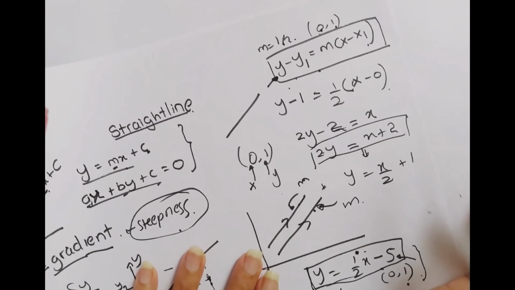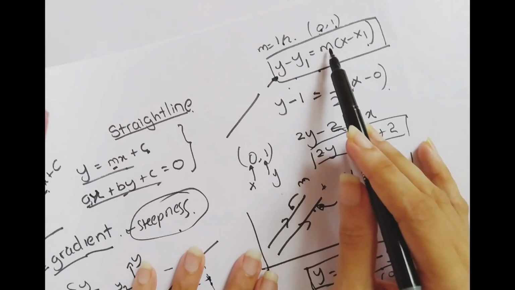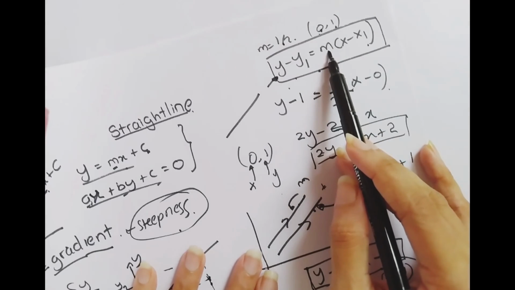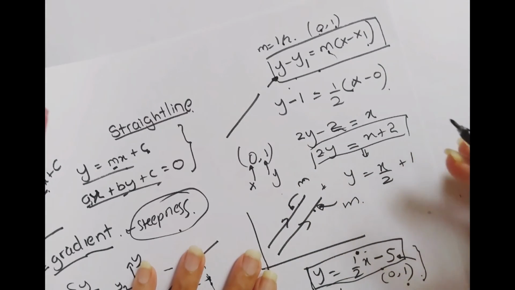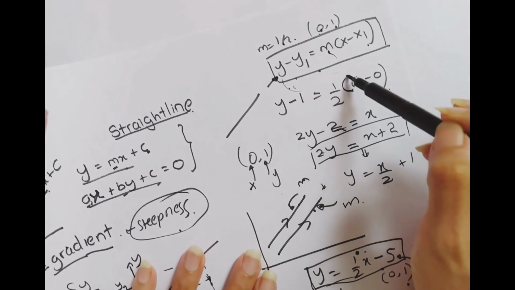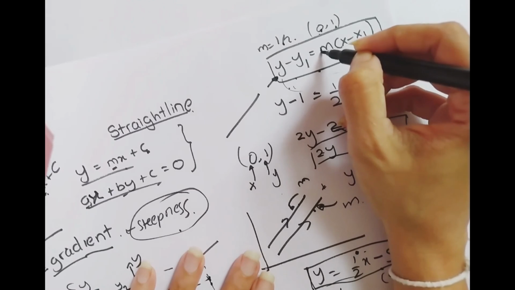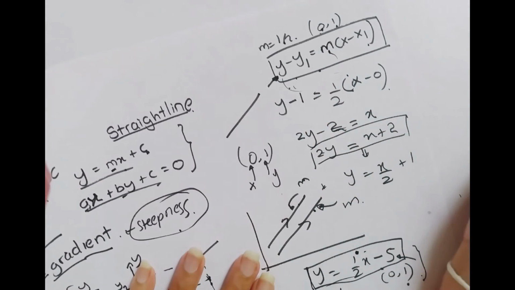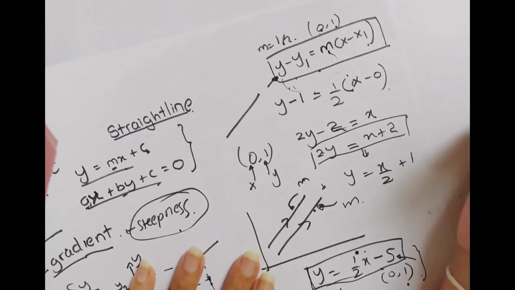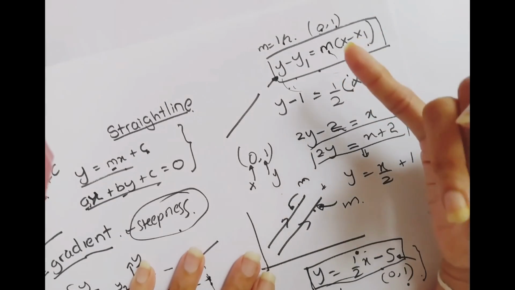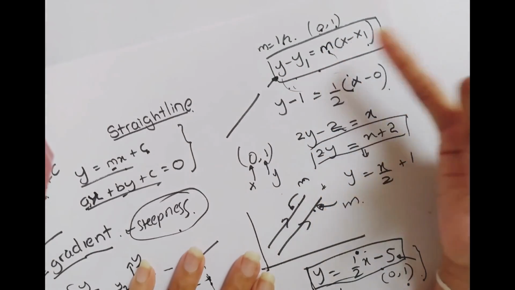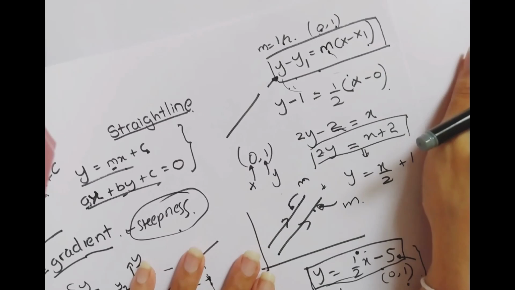In my next video, I will explain how you are going to make this equation if you don't know the gradient. In that case, we will derive the m, so the equation will be different. It is the same equation, but the letters we use instead of m will be different. We will see how we do that.